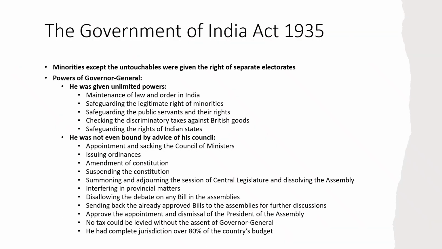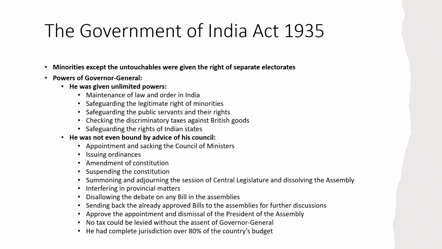Then students, minorities except the untouchables were given the right of separate electorates. We studied this in the Communal Award also, that was passed after the 2nd Roundtable Conference, and this award gave the right of separate electorates to the minorities and depressed classes of India.